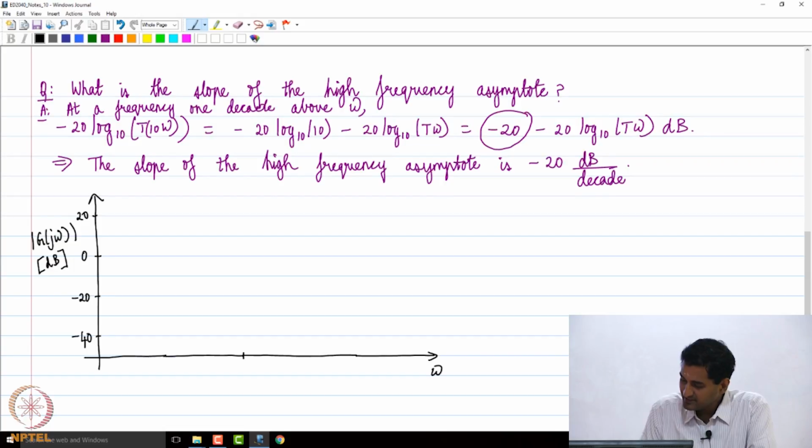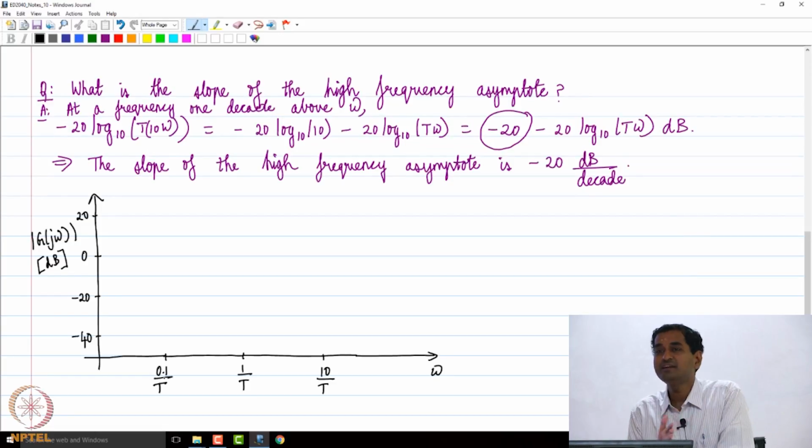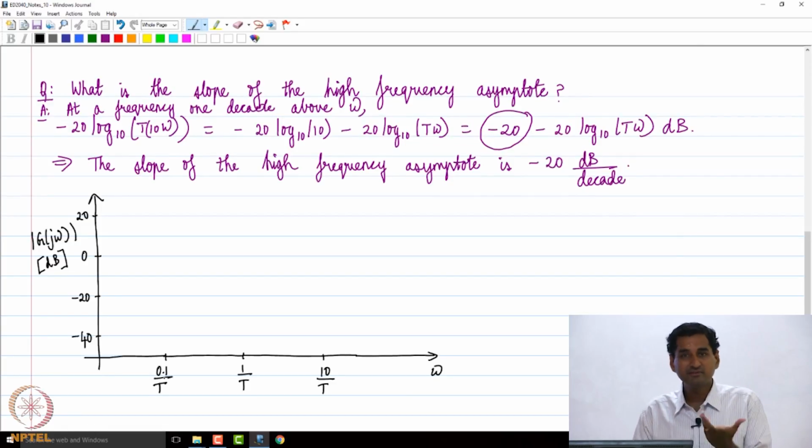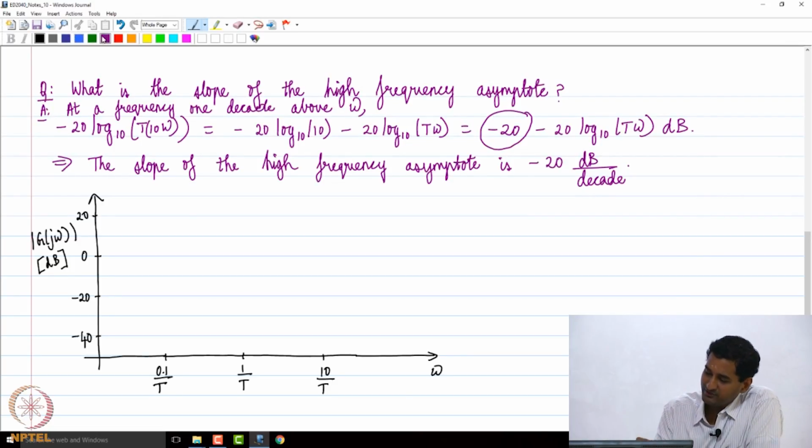Similarly, let us say I take a frequency 1 by capital T, a frequency 10 by capital T, and a frequency 0.1 by capital T. I am just looking at a region 1 decade above and below the corner frequency. So, let us plot the low frequency, high frequency and the actual curves. The low frequency asymptote, which I am indicating in pink, is the 0 decibel line.